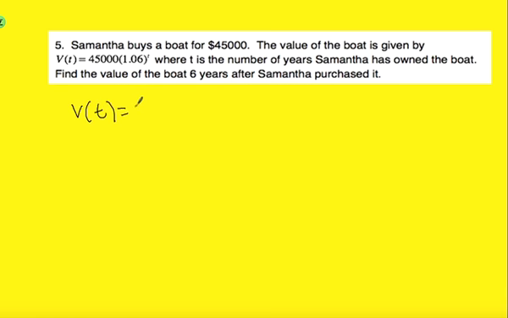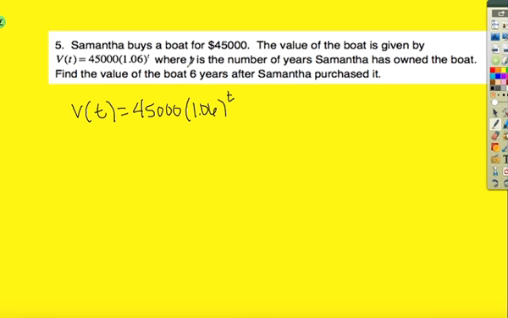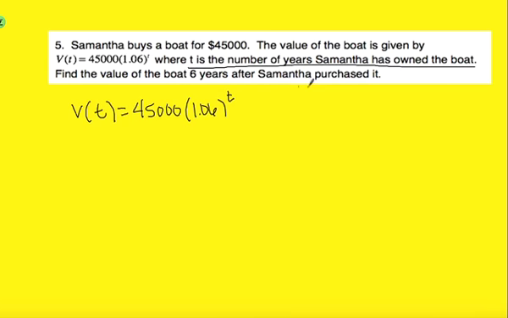So we have our function V of t, which is 45,000 times 1.06 to the t. We know that t is the number of years Samantha has owned the boat, and we are worried specifically about 6 years. So t is going to be equal to 6.